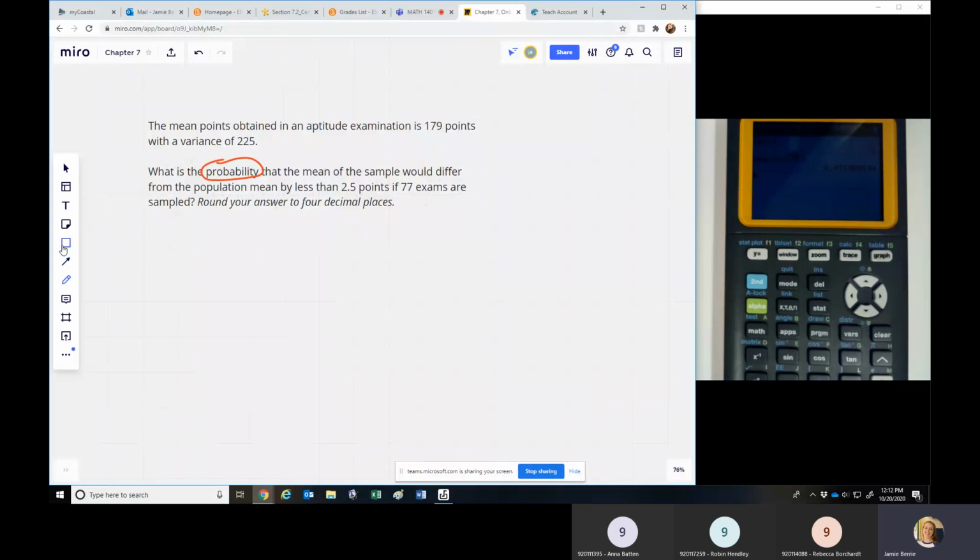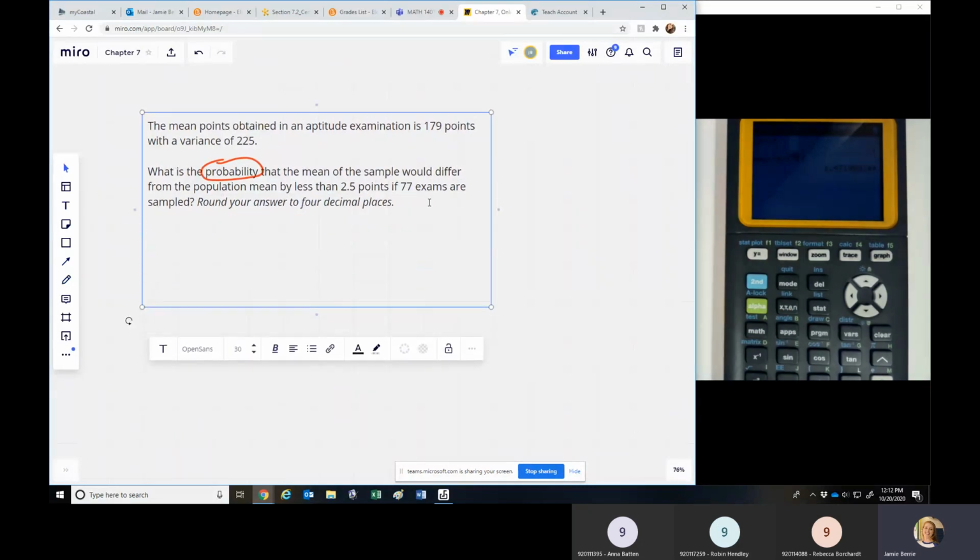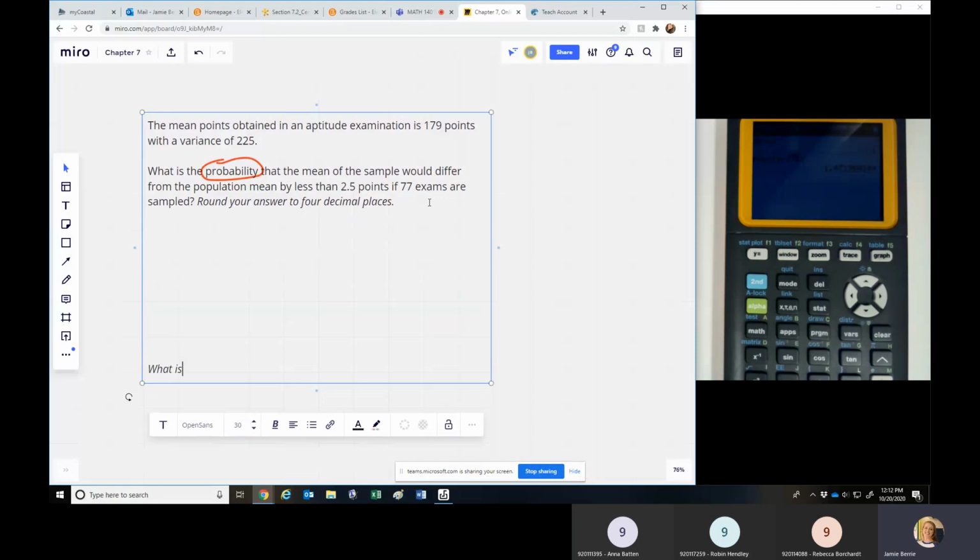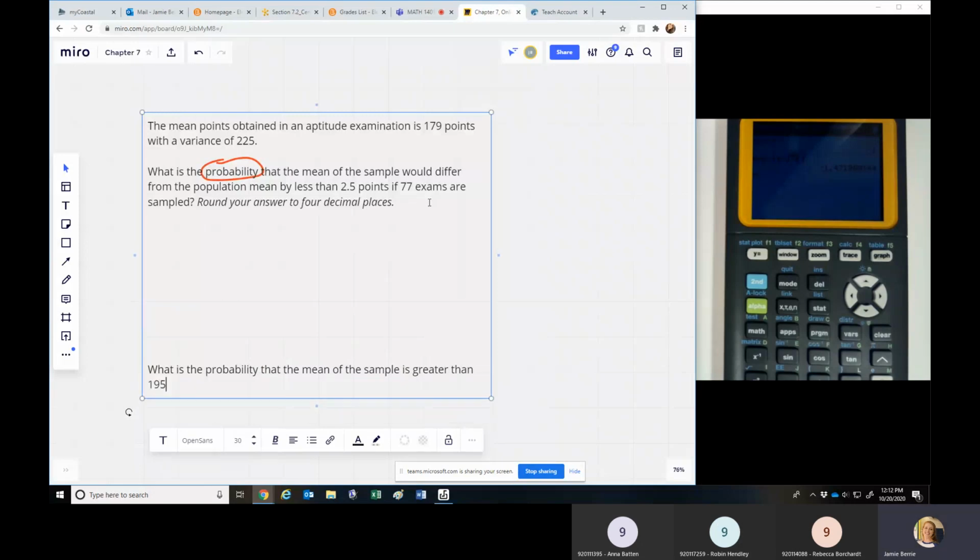I'm going to change this a little bit. I'm going to add a little part 2 in here, and then we're going to do the part 2 first. Let me add in another part here, because this one is a little bit hard. Scare you with the first problem being hard. What is the probability that the mean of the sample is greater than 95 points?